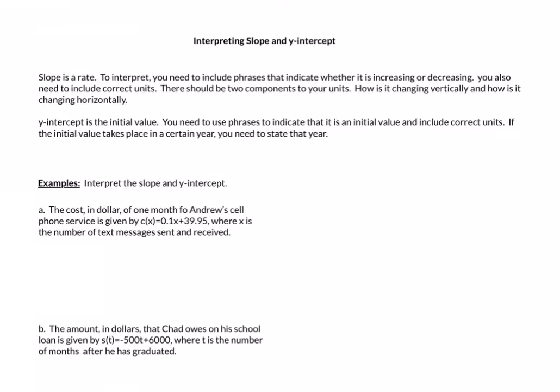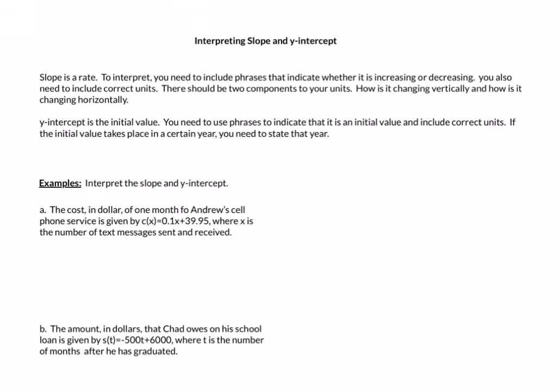So remember that slope is a rate. To interpret, you need to include phrases that indicate whether it's increasing or decreasing. Is it a positive slope or a negative slope? When we talk about that in the real world, we want to use phrases like increasing and decreasing.